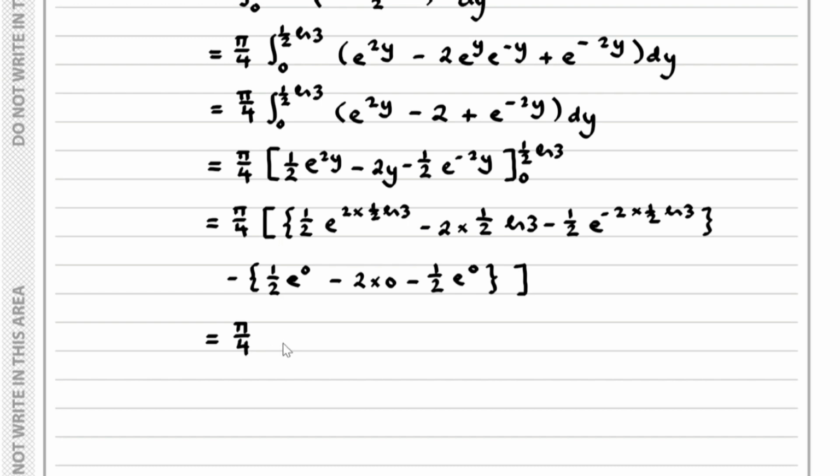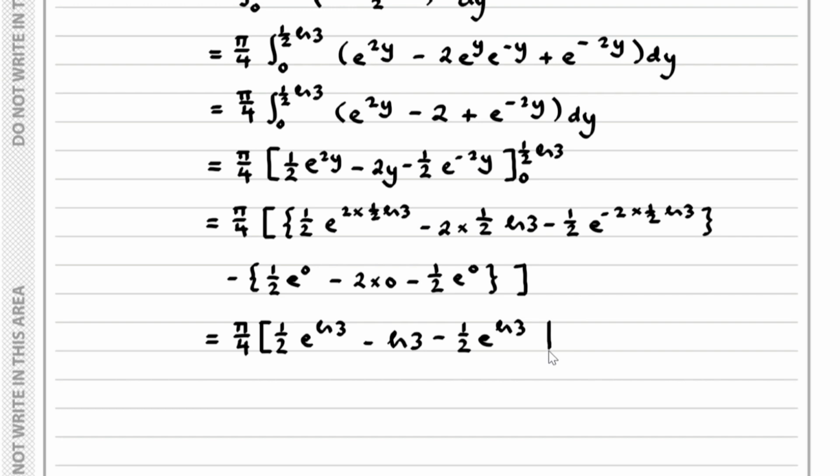So we've got pi over 4 times 1/2 e to the natural log of 3, minus natural log of 3, minus 1/2 e to the minus natural log of 3, and then the result of the lower limit is 0. A half minus a half is 0, and then we subtract off 0.